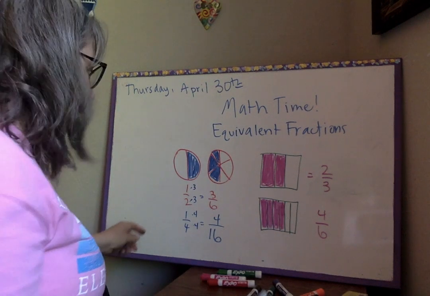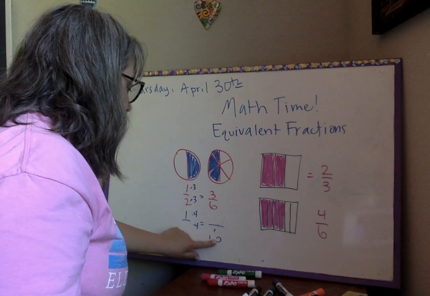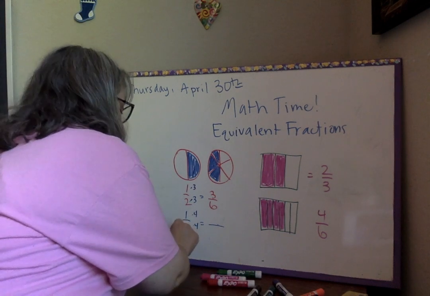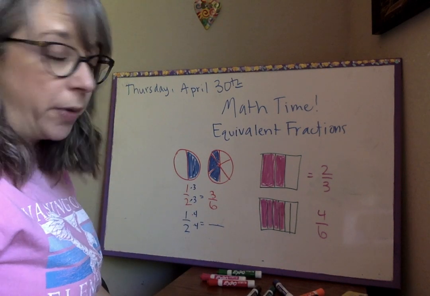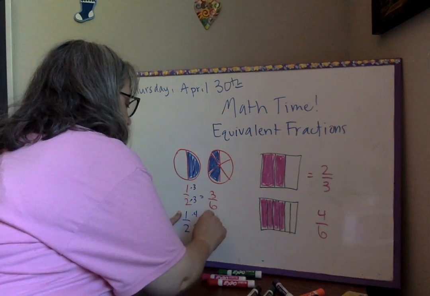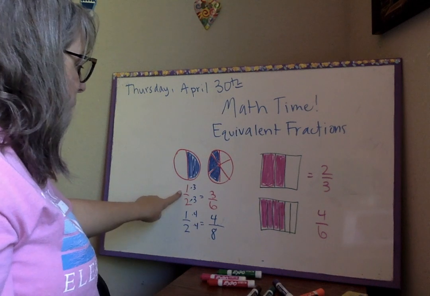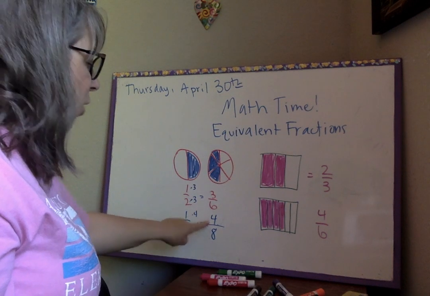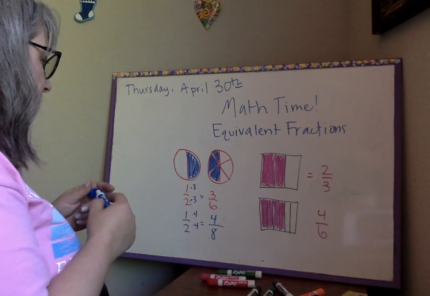I actually meant to do 1/2, so my bad, sorry. But we'll still do it. We're still going to do 4, because it doesn't matter as long as those numbers are the same that you multiply by. It will be an equivalent fraction. So 1 times 4 is 4, and 2 times 4 is 8. So 1/2, 3/6, 4/8. Those are all equivalent fractions. Okay, let's keep it moving.